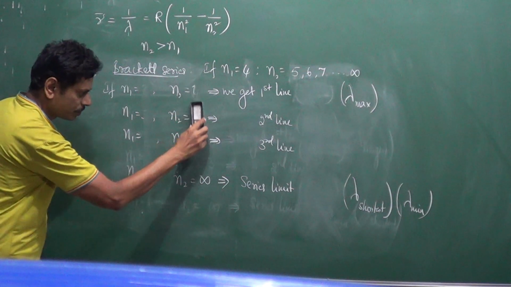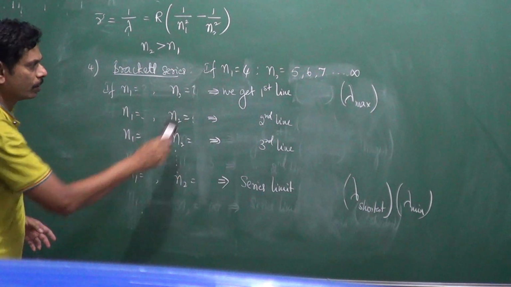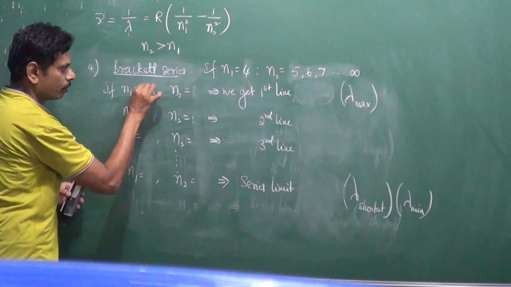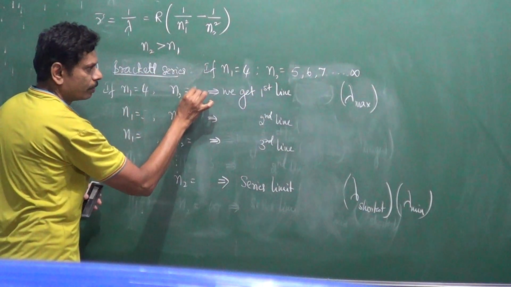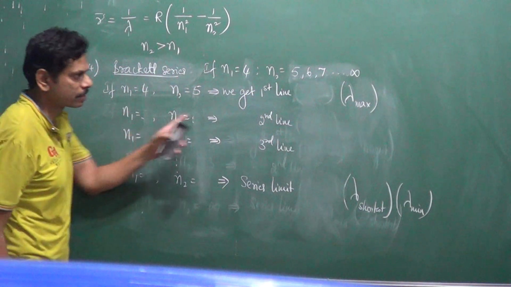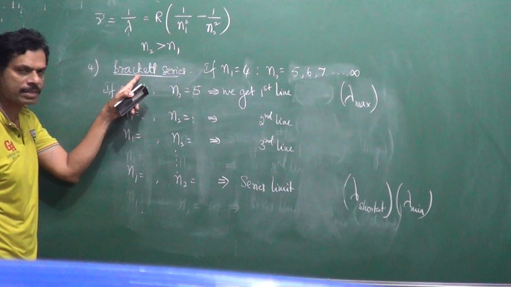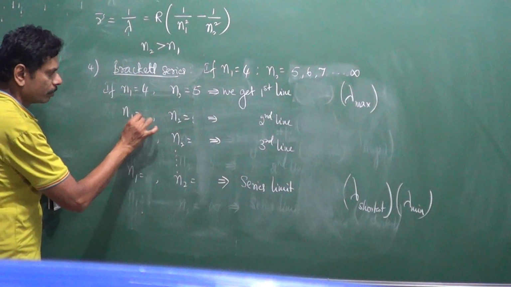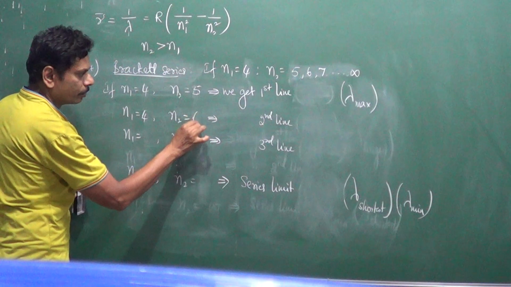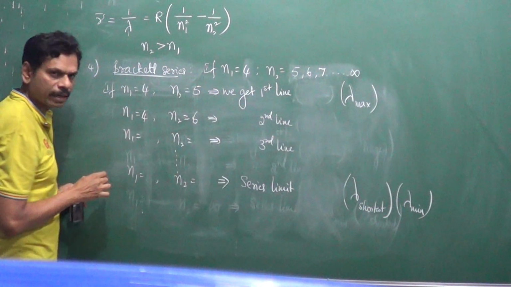N1 is equal to 4, N2 is equal to 5 gives the first line, which is lambda maximum for this series. N1 is equal to 4, N2 is equal to 6 gives the second line.